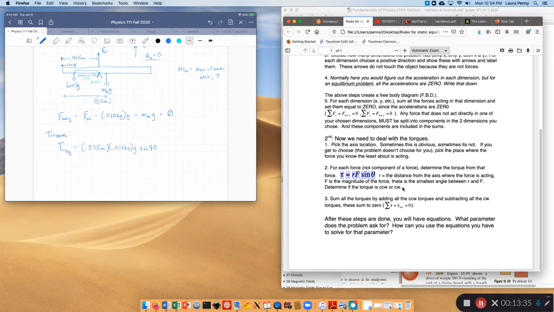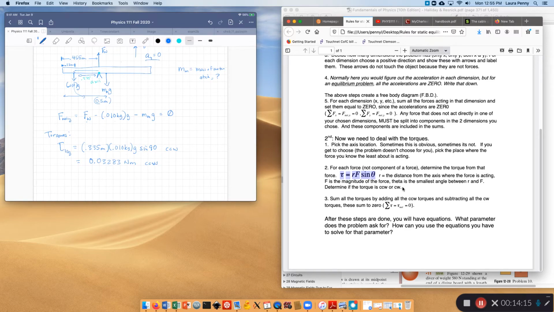And on its own, this force would cause this meter stick to move counterclockwise. I'm going to actually get a number for this. So 0.335 times 0.01 times 9.8, the sine of 90 is 1, and so I get a torque of 0.03283 newton meters, and again, it's a counterclockwise torque.